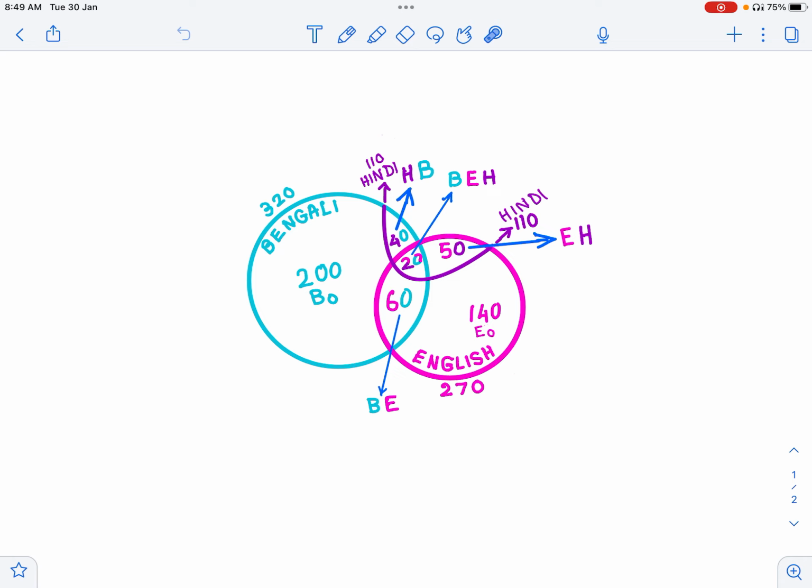And here it is clearly that only 20 students, if we put it, include all these three languages, that is including English, Bengali and also Hindi. And here we can clearly see that there are no students who learn only Hindi, that is 80. Here 80 does not exist, and then at most 20 students would learn all three languages.